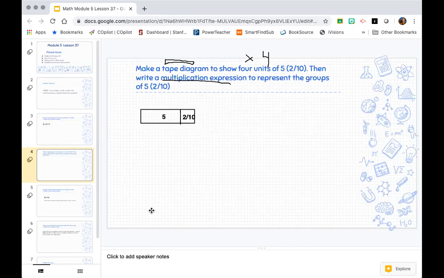That's only 1 copy. How many do we need to do? Show me with your fingers. Okay, it's not 10, it's 4. We need to make 4 copies of it because it says to show 4 units of. So what you would do is take your same tape diagram and make 3 more copies. I'm wondering if I can do that.